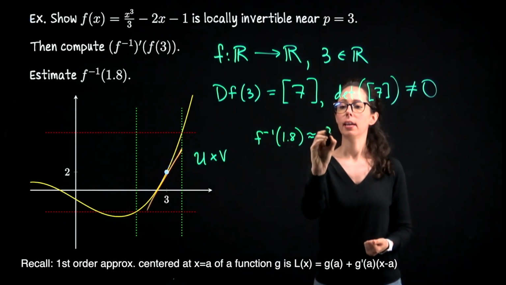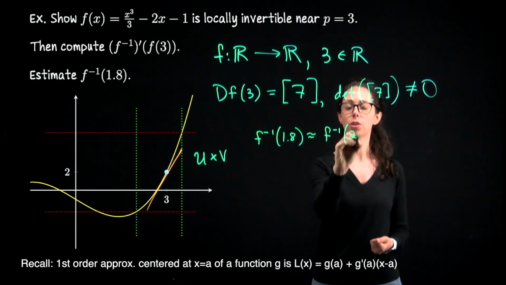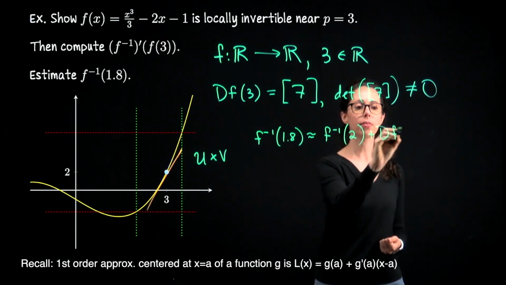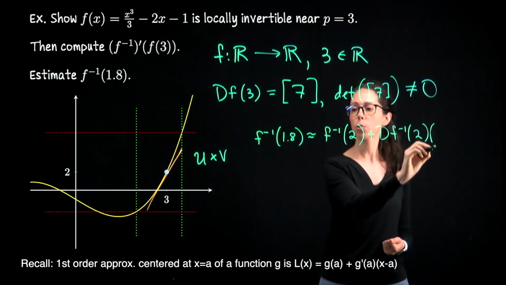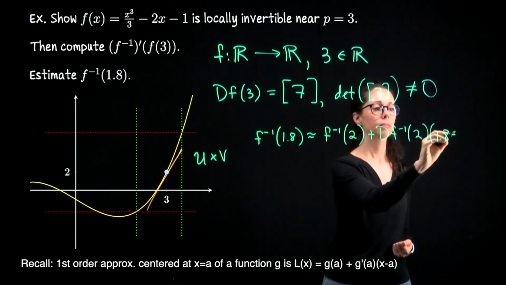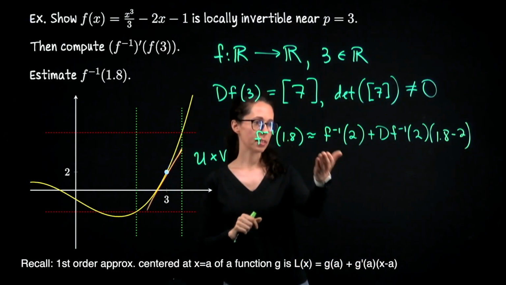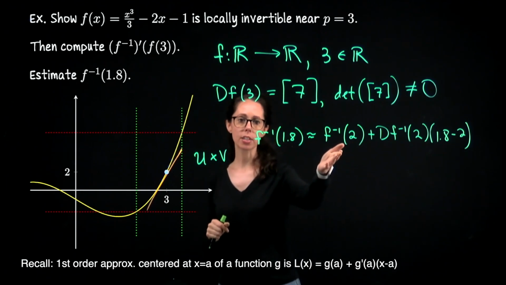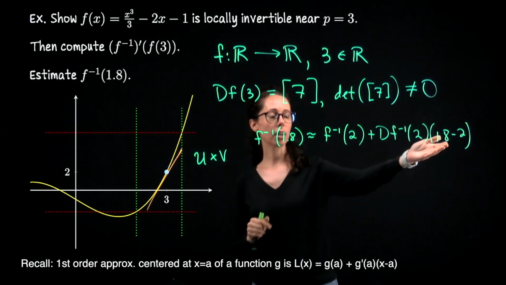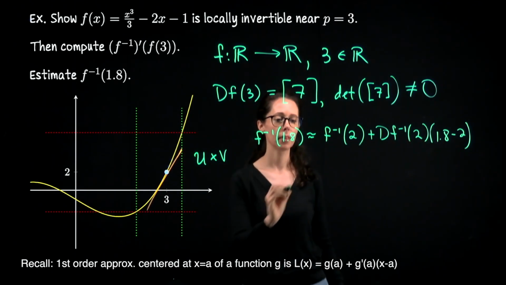So basically, it's approximately f inverse at 2 plus df inverse at 2 times 1.8 minus 2. So this is our first order approximation centered at 2, and then I've plugged 1.8 into that.